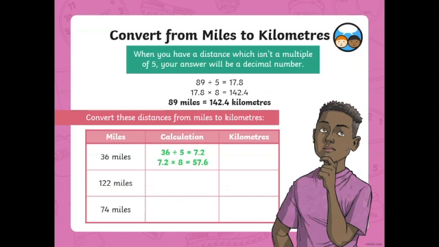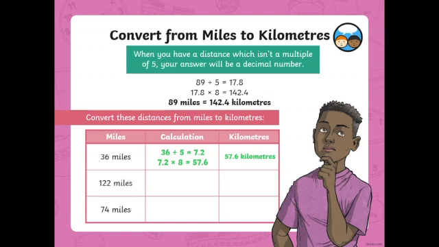So you know it's not going to be divisible by 5 if it doesn't end in a 5 or a 0. So then you might want to use your bus stop to do your division to get it to the decimal places. Again, if you want to have a go at these two on the screen, pause the video now and then I'll go through the answers when we come back.